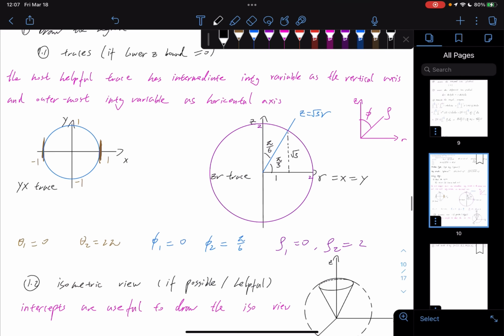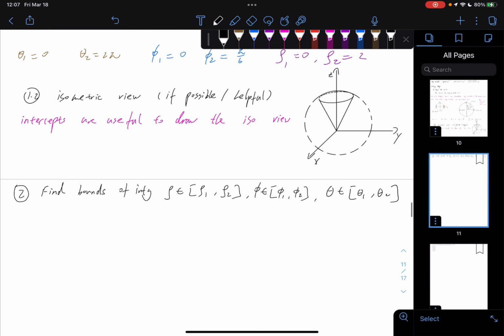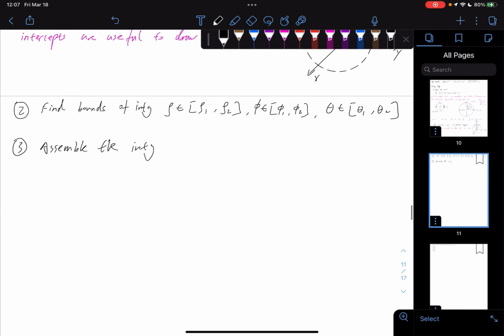So we can go ahead and assemble the integral, right? We can start by drawing these three integral signs, and then f of rho, phi and theta.